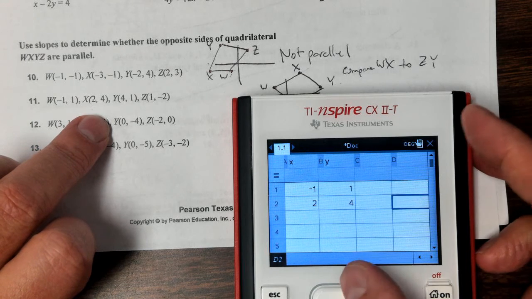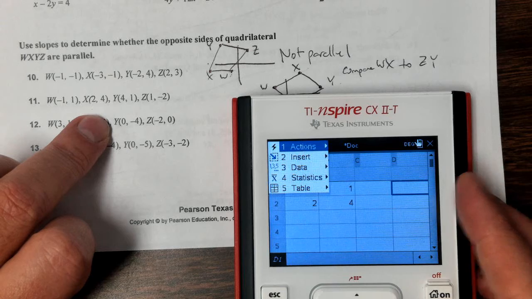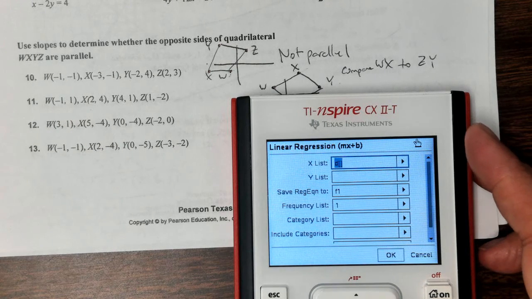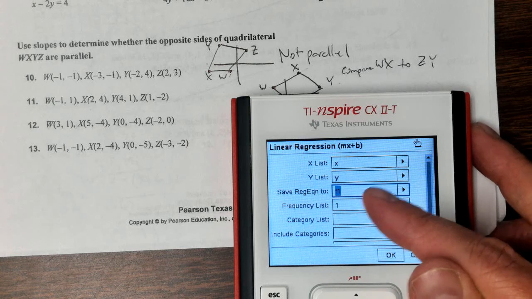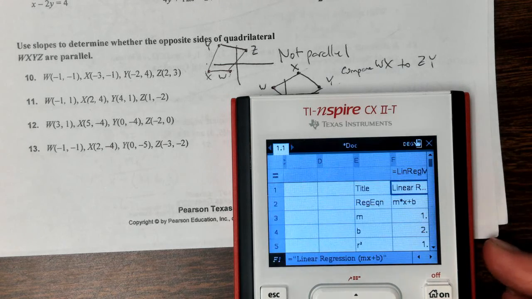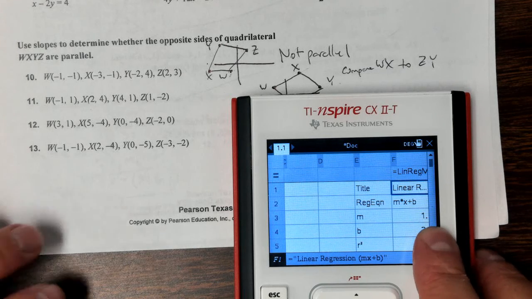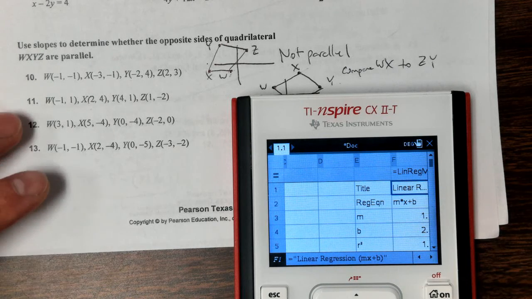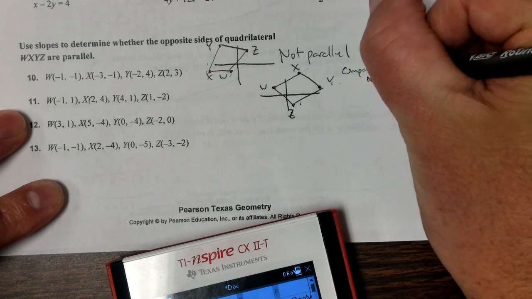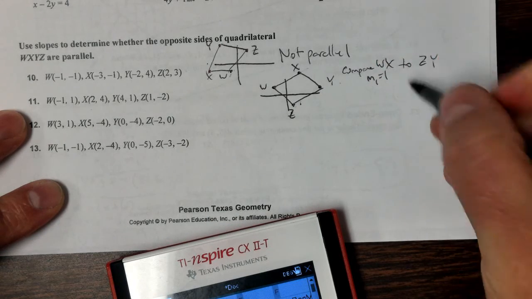Then we go over here and do menu, statistics, stat calc. Linreg is number 3. That's where you can type x and y, or you could choose it. So you get a slope of 1 right there, because m equals 1. So this one, I'm just going to say m1 is 1.